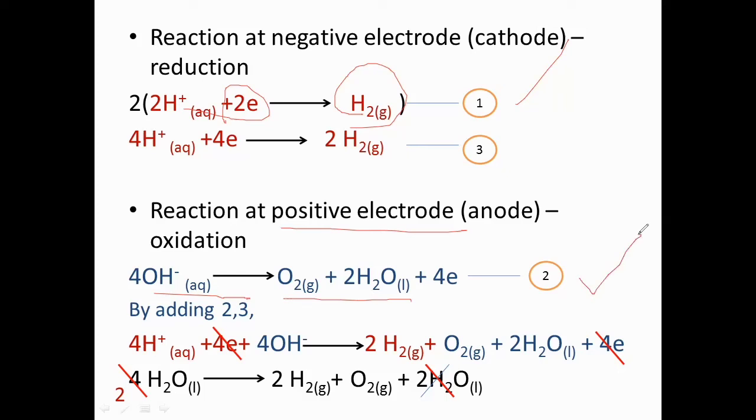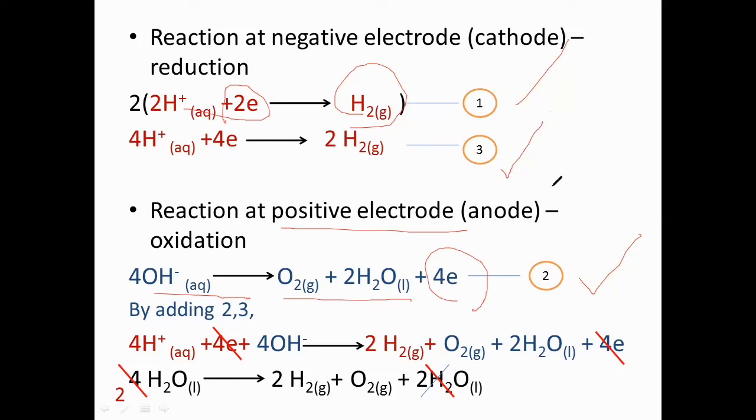By adding these first and second reactions, we can get the whole ionic reaction. But before that, we have to check the electron number. There are 2 electrons in the first reaction and 4 electrons in the second reaction. So we have to multiply the first reaction by 2 to get the third reaction.